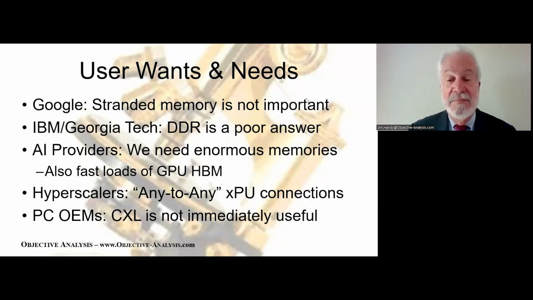So PC OEMs, they just don't immediately see any use for this. So it looks like CXL is going to start probably first with the hyperscalers because of GPUs, because of the any-to-any connections. But despite what Google said, Google's saying stranded memory is not important, but we still want the big memory that CXL has. So they're still gung ho about using CXL.